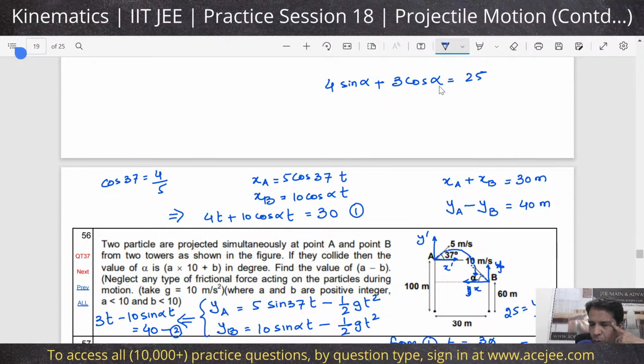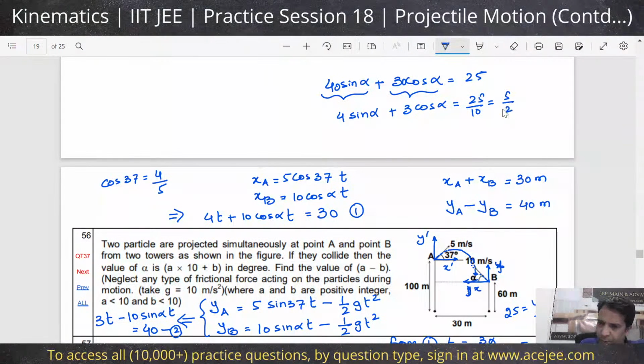That cannot be the case, because this quantity is going to be less than 4 and this quantity less than 3, so the sum will be at most 7. But if you had 40, I'm just going to show you the method here. 40 sine alpha plus 30 cos alpha, then you could write it as 4 sine alpha plus 3 cos alpha is equal to 25 by 10, which is 5 by 2.